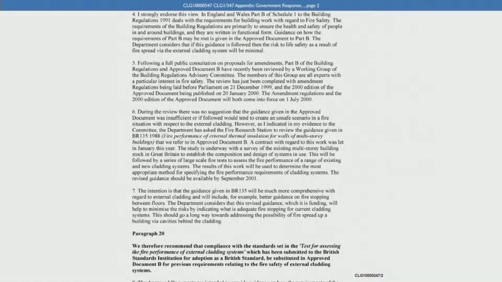As I said earlier, I don't recall seeing this at the time. I mean, who prepared this? Well, this is written by Nick Raynsford MP, who was the sponsoring minister, effectively. Okay. Because it said, talking about him giving evidence. I don't recall seeing this.